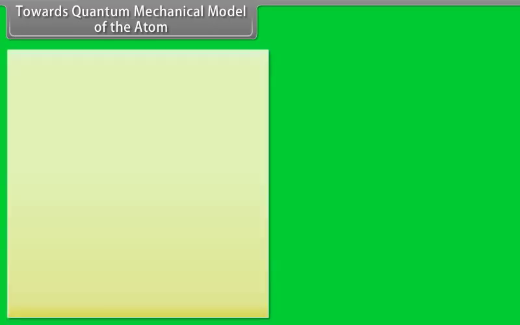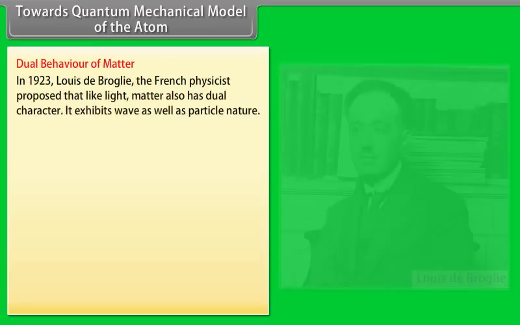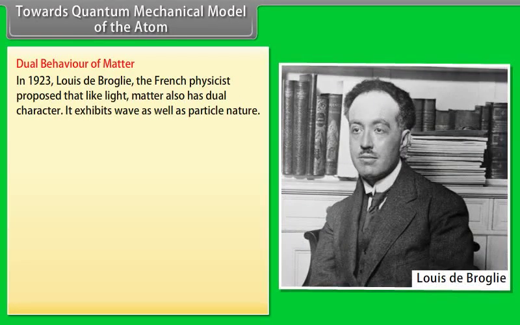Towards the quantum mechanical model of the atom: dual behavior of matter. In 1923, Louis de Broglie, the French physicist, proposed that like light, matter also has dual character. It exhibits wave as well as particle nature.